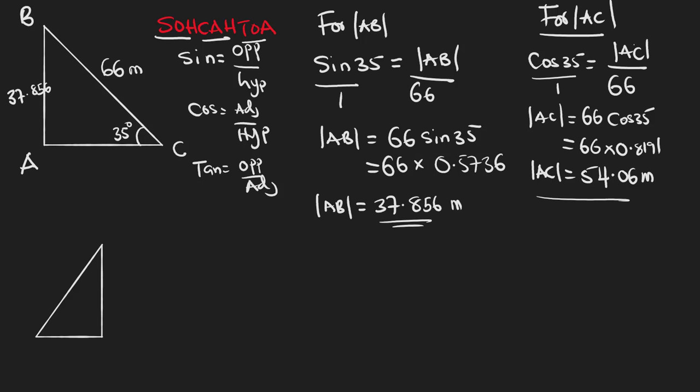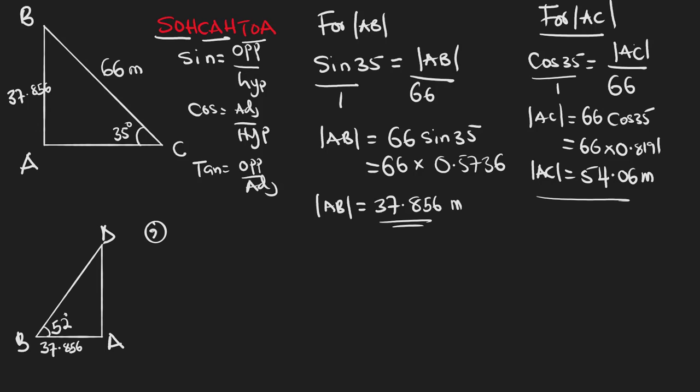So this is our B, this will be our A, and this will be our D. Remember, the angle is 52 degrees, right? And we've already calculated that line BA or AB is 37.856, right? So we're going to calculate AD, which is the height of our tower.